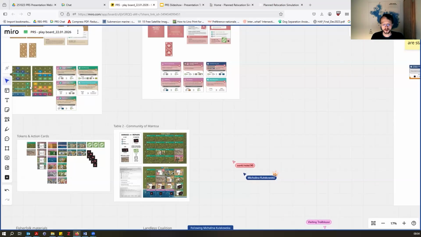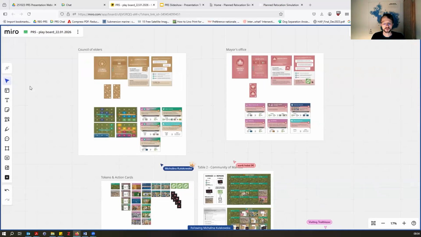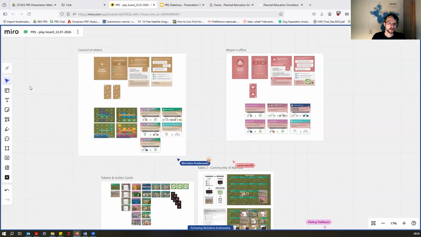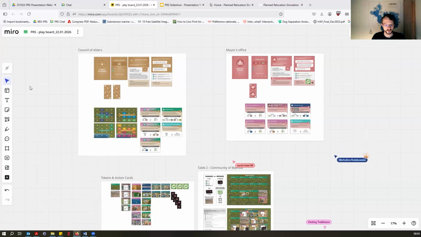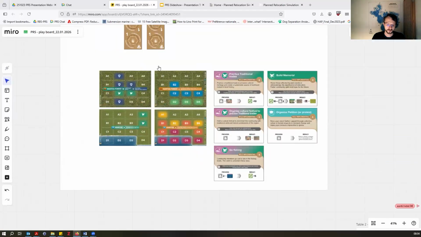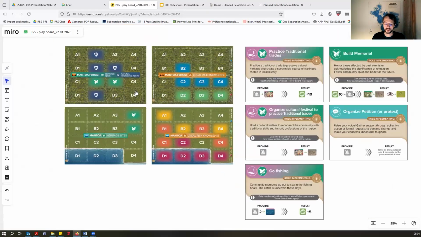If you notice that a big element of the simulation is simply being ignored, it might be good at that point to just step in and say, do remember, you have this information. I think it's important for you to take it into account to make sure you can meet your goals. This is information that is only available to that actor and should be a helper in deciding what to do.